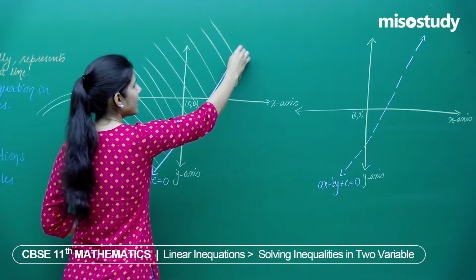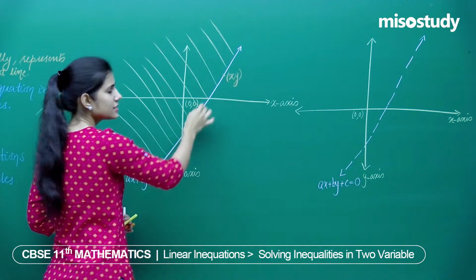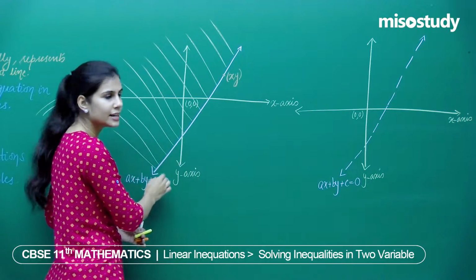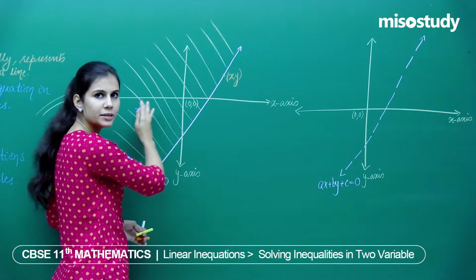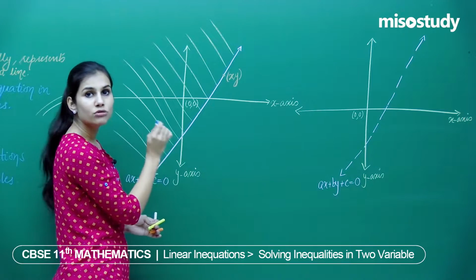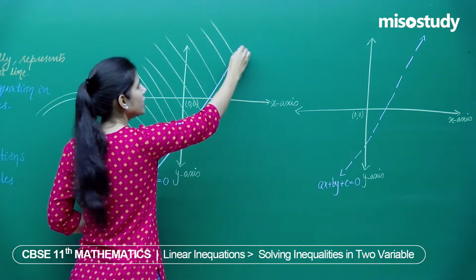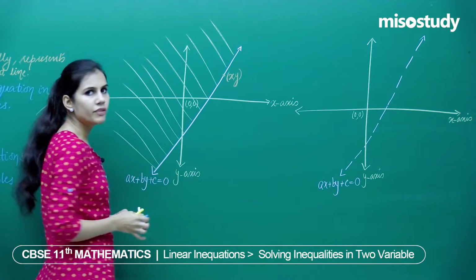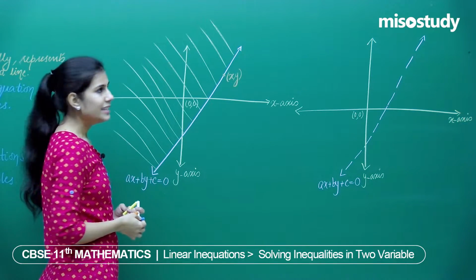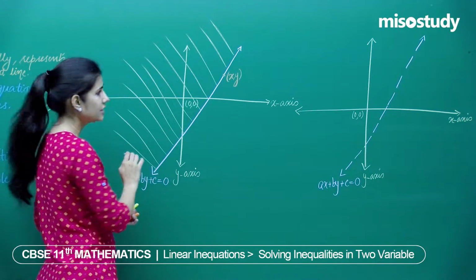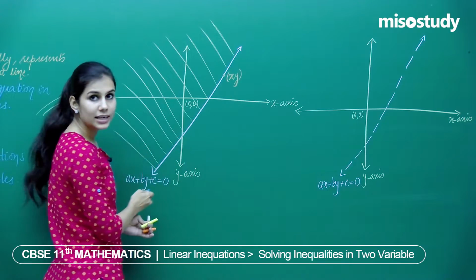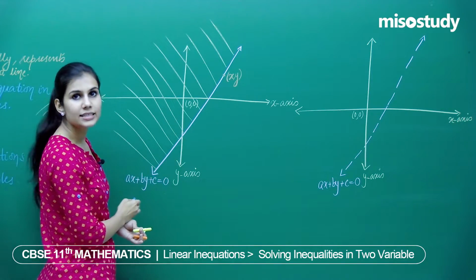When I am drawing this line as a dark line and I am considering this line as well as this shaded part, that means I am talking about the collection of all the points which are lying on this line and on this shaded part. Not just this shaded part, along with the line I am taking it because I have drawn the line as a dark line.